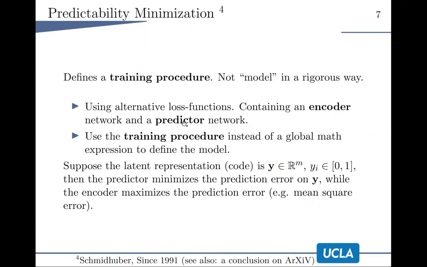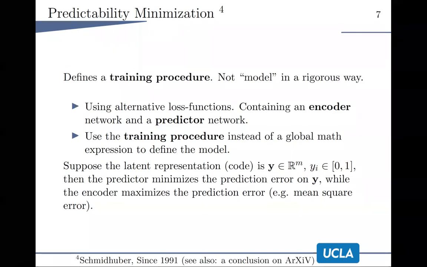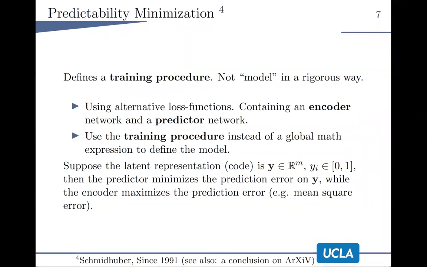This work defines a training procedure, not really a model in a rigorous way. It uses alternating loss functions containing an encoder network and a predictor network. And it uses the training procedure instead of a global mass expression to define the model.